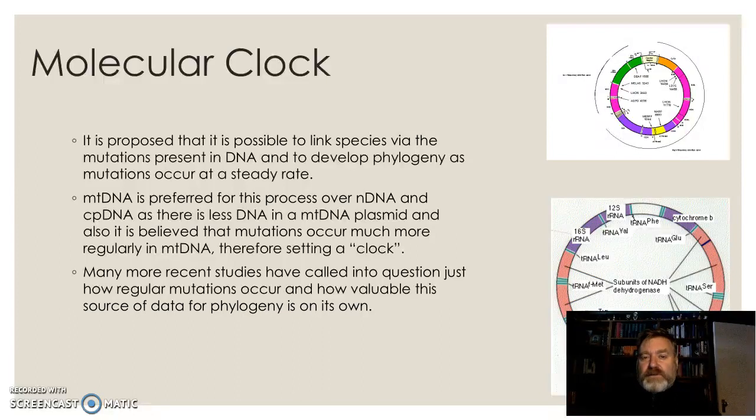So we have this thing called a molecular clock. And a lot of people aren't sure that it's as regular as we used to believe, but essentially mitochondrial DNA is believed to mutate at a reasonably regular rate. So the amount of mutations between samples of mitochondrial DNA suggest how far back you go in time to a common ancestor.